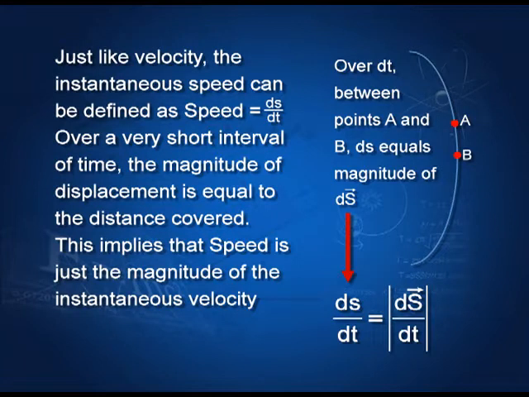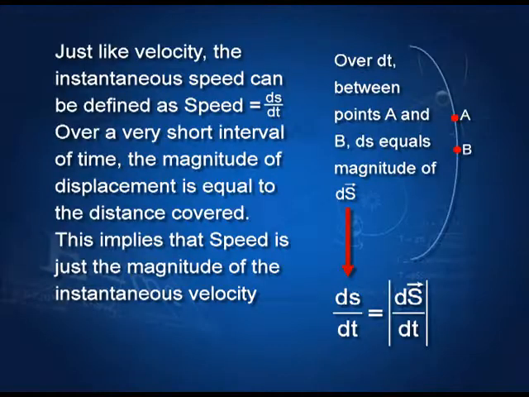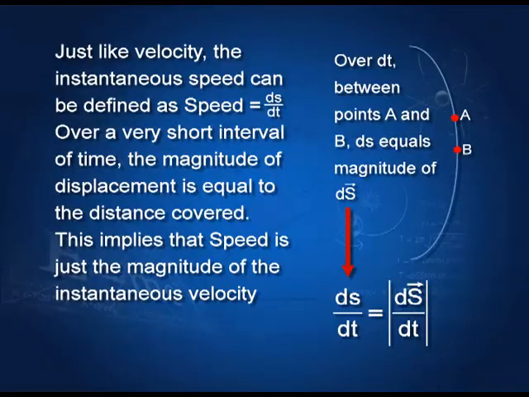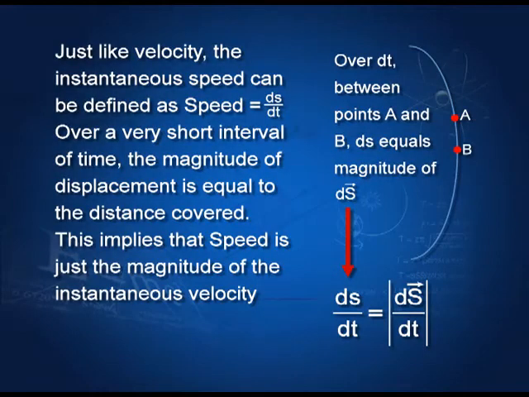Just like velocity, instantaneous speed can be defined as ds by dt. Remember that small s denotes the distance covered, whereas capital S with an arrow on it shows the displacement. How do we relate these two quantities, the instantaneous velocity and speed? Let us take the body moving on a curve, and we take 2 points very short time away from A to B. The distance is covered in a very short time dt.